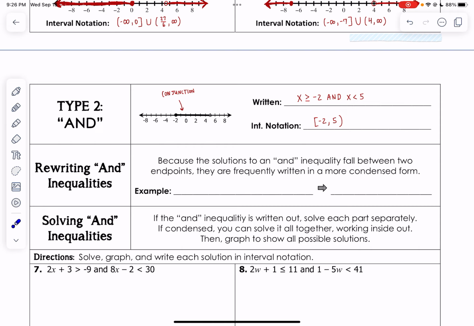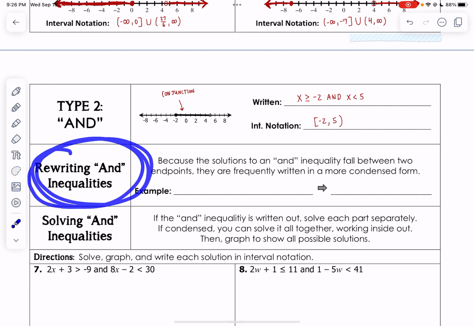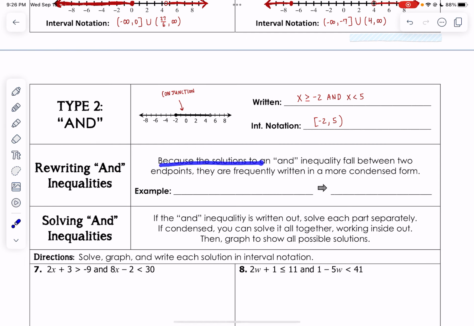So if you read this section, it is mentioning rewriting the and inequalities. Because the solutions to an and inequality fall between two endpoints, as you can see in the number line, they are frequently written in a more condensed form.